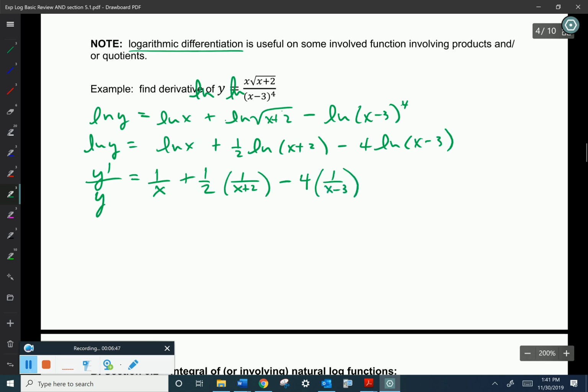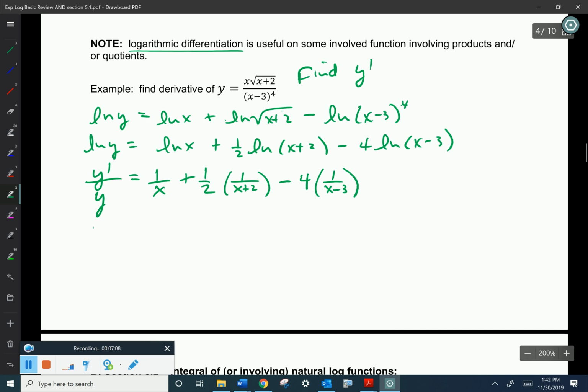Okay, now what was I originally supposed to do? I'm going to go up here and just kind of erase this log so you can kind of see what the original was. We were trying to find the derivative of this. In other words, we were trying to find y prime. Well, come down here. If I want to find y prime, couldn't I just multiply by y and then I'd have y prime?